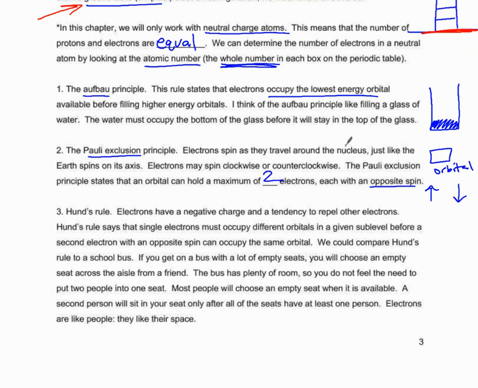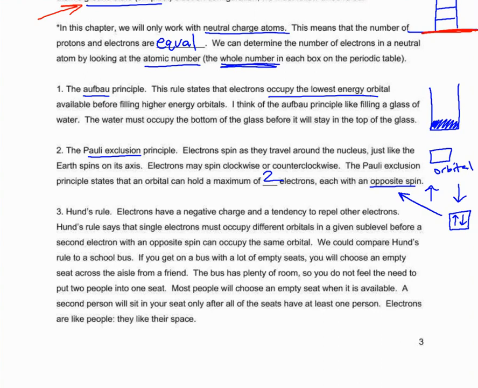And so when an orbital is holding 2 electrons with opposite spins, then we would have a picture that looks like this. And this all plays into the Pauli exclusion principle.